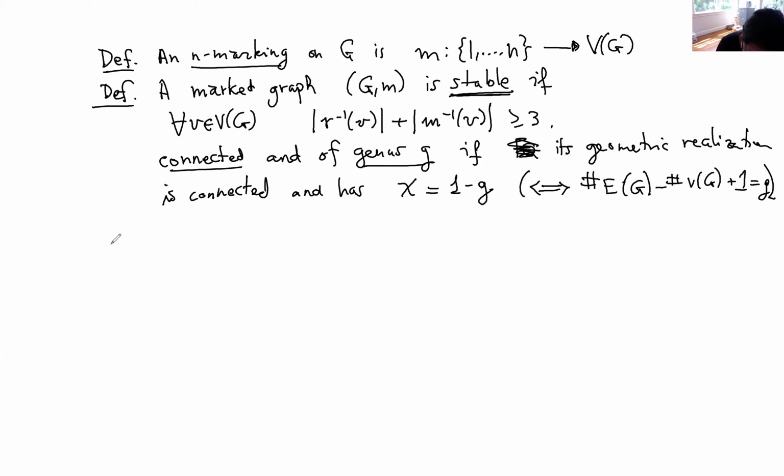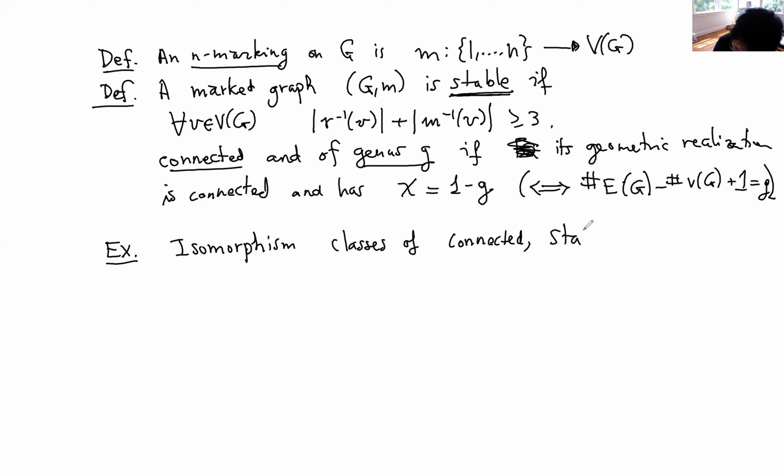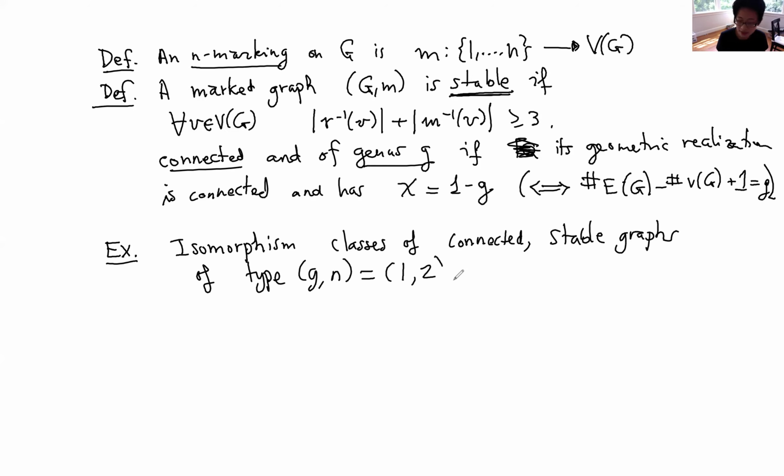So let me do a quick example. Let's draw the finitely many isomorphism classes of connected stable graphs of type (g, n) equals (1, 2). So here I mean genus 1 with 2 marked points.